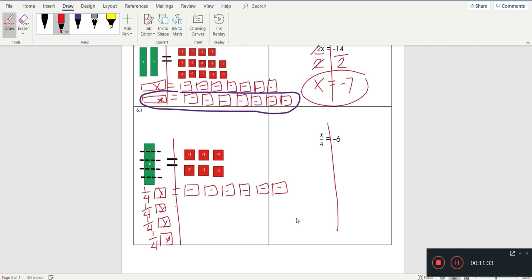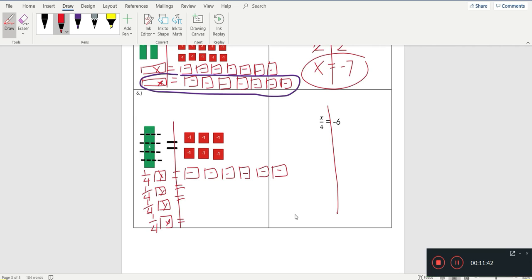Okay, what do you think will be the total value of x if I keep going to draw negative integers here? What do you think? The whole x will be what? Awesome, negative 24, because here if I just multiply both sides by 4, cancel this, I have x, negative 6 times 4 is equals to negative 24.